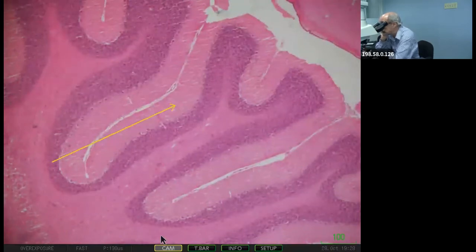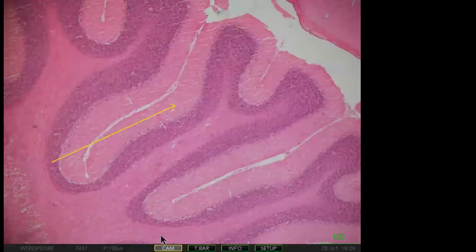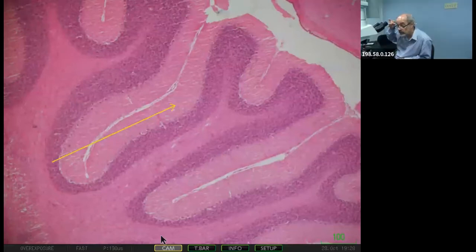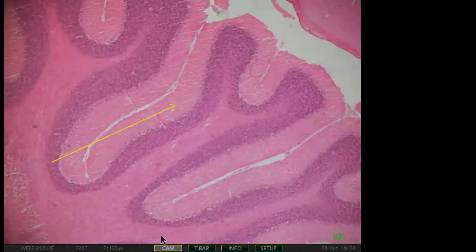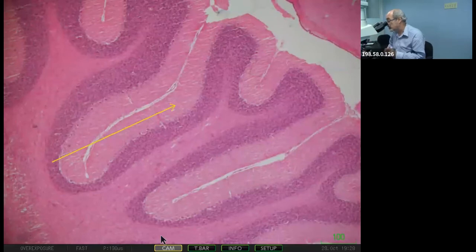The brain? No, the gut. Which part of the brain? Cerebellum. So what we saw previously was the cerebrum, and this is the cerebellum.